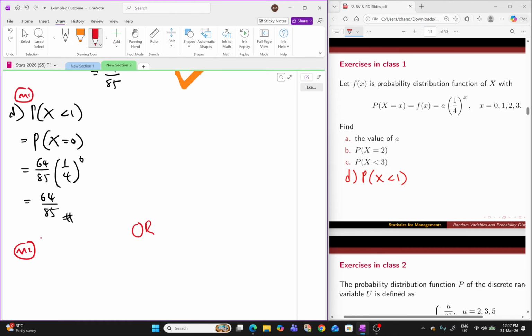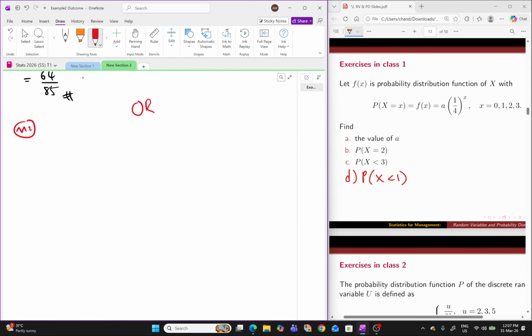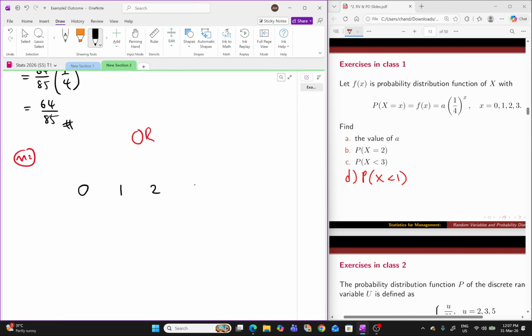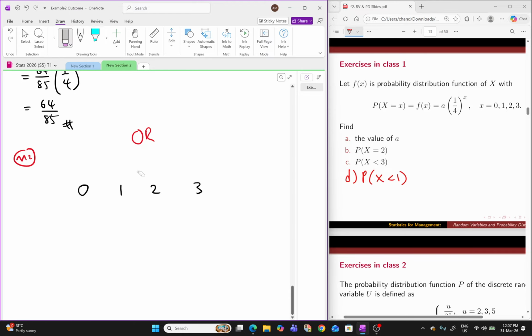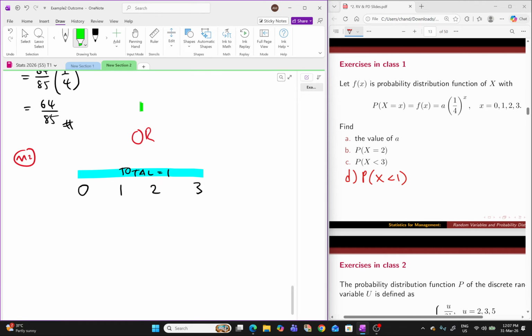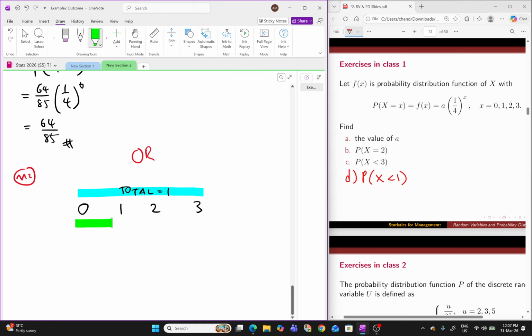For method 2, 0, 1, 2, 3. Which one is the question need? X equal to 0. We only want this one.